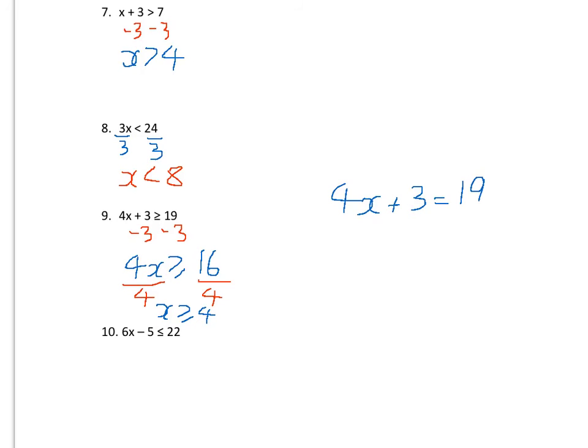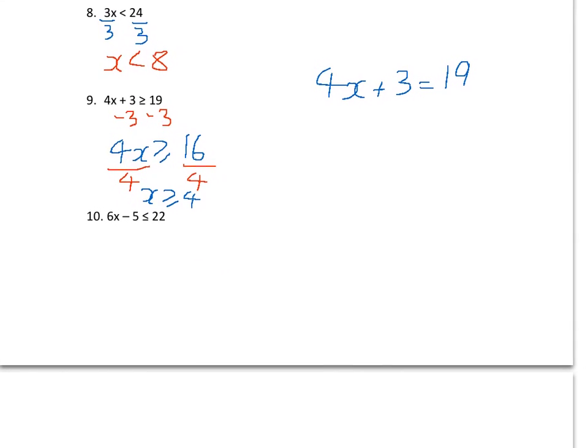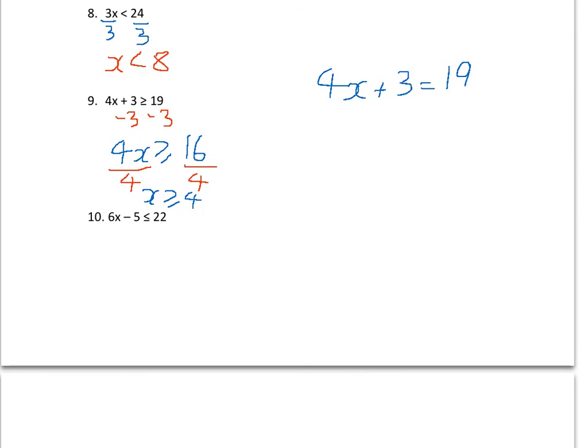Right, the final one to go through is 6x minus 5 is less than or equal to 22. So, first step, we want to be left with 6x on its own, so we're going to add 5 to both sides. So we get 6x is less than or equal to 27. Now, we've got 6 lots of a number, we only want 1, so we divide both sides by 6.